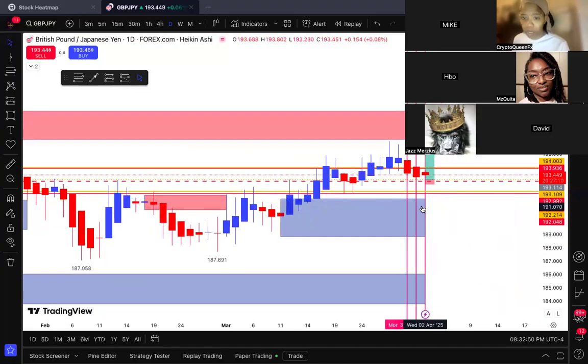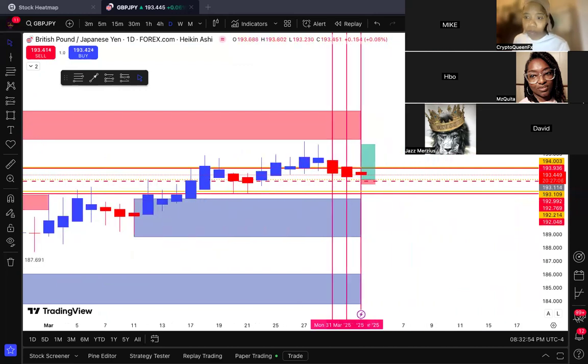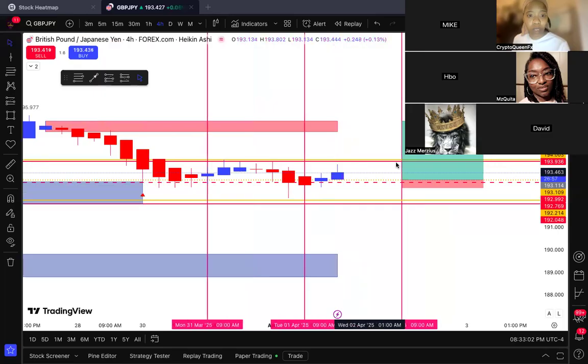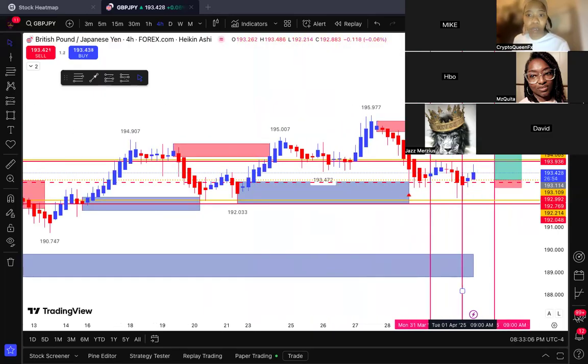Let's see, that's the daily order block that it came out of right there. That's the daily high order block. But that's the 4 hour one. We might go past that. I will hold it.